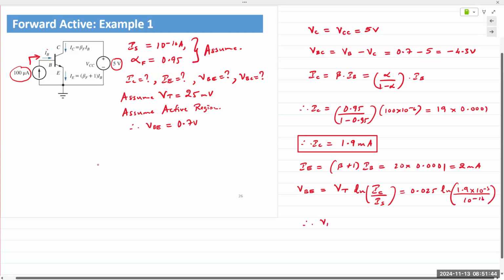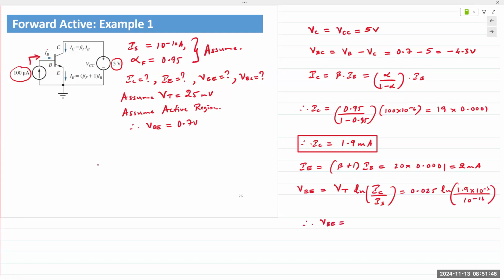And that gives us an exact value of VBE: 0.764 volts. Not too far from our assumption. Our assumption at the beginning was 0.7, and our calculated value turns out to be 0.764.